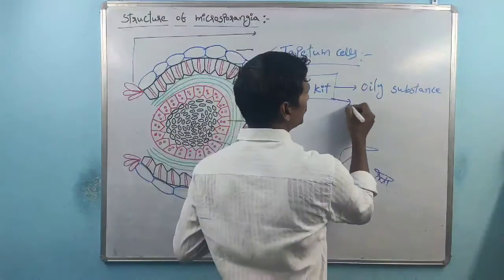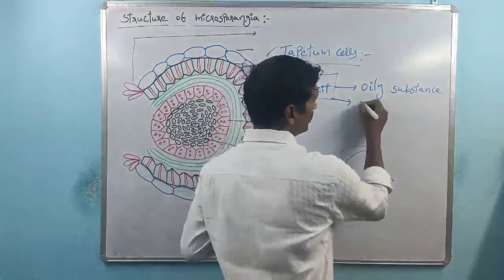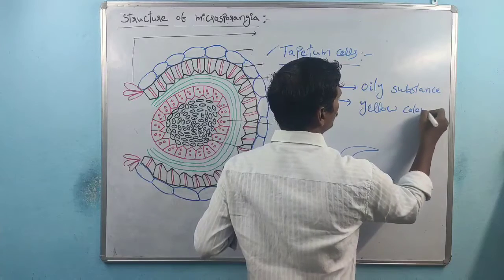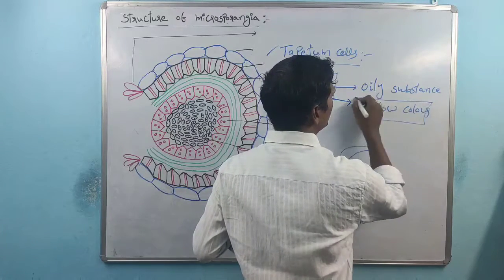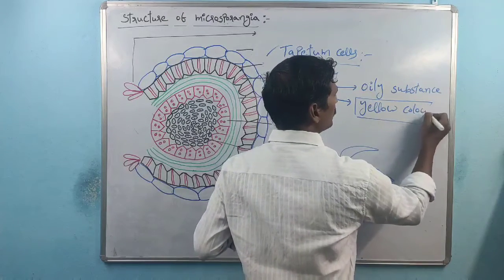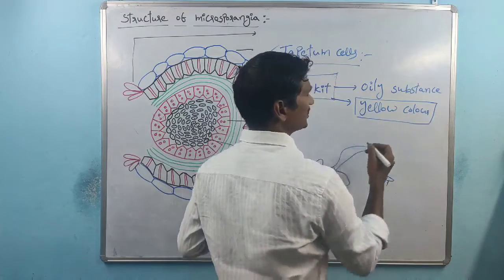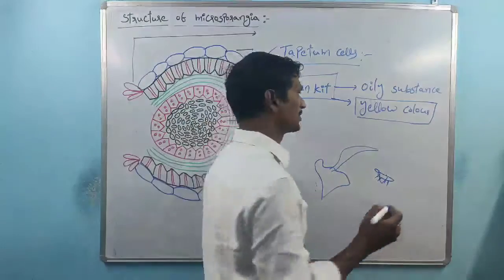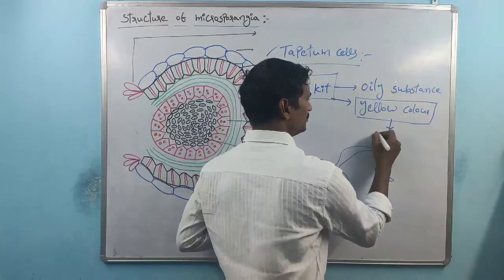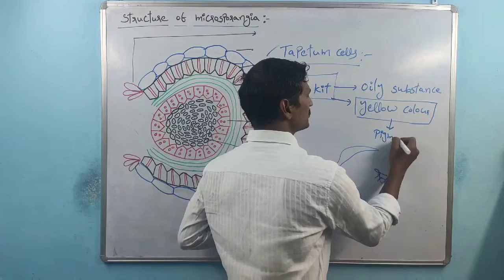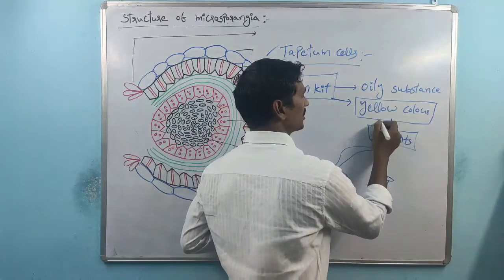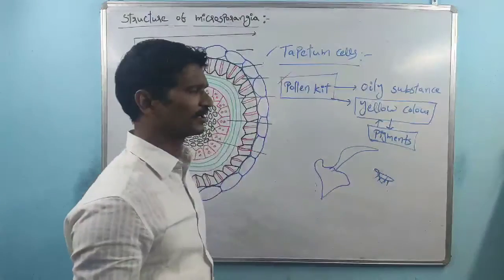And pollen grains exhibit the yellow color. Whatever the pollen kit is, it supports the synthesis of certain pigments. These pigments especially give the yellow color.